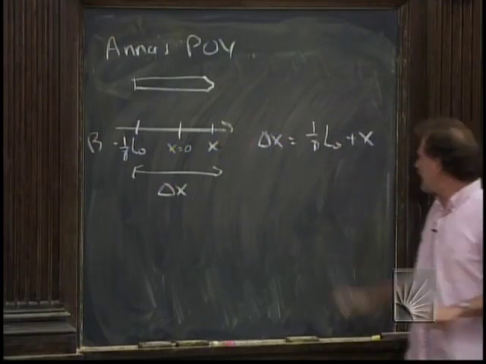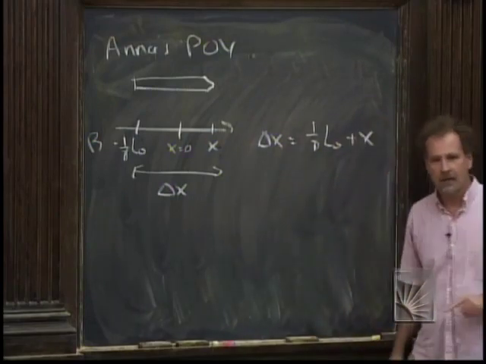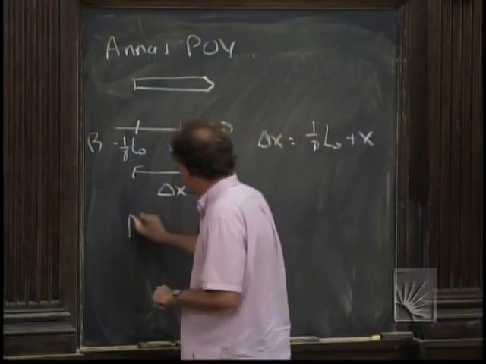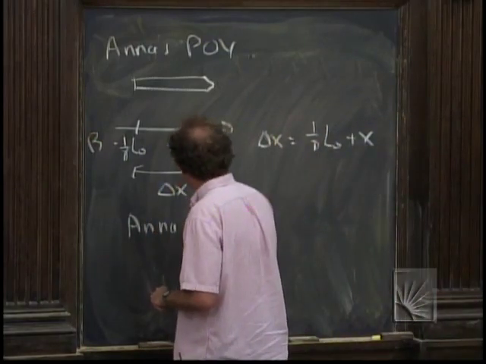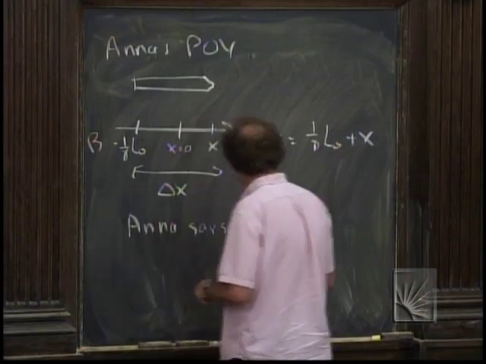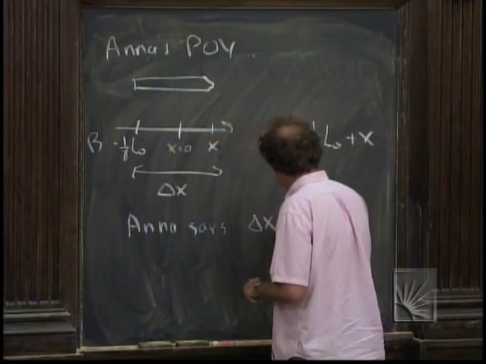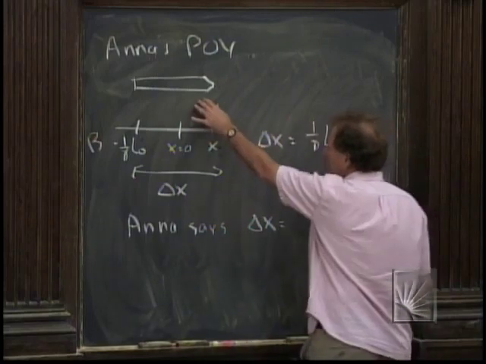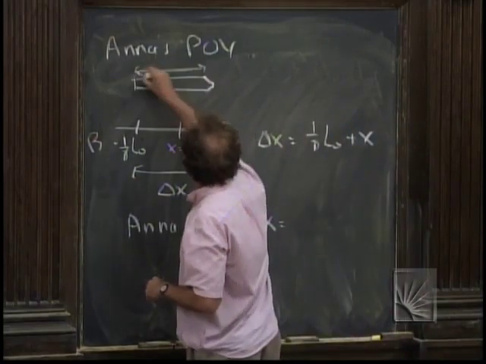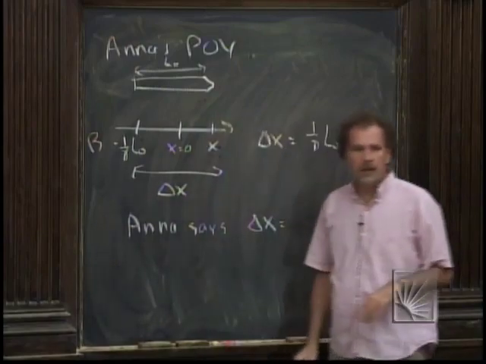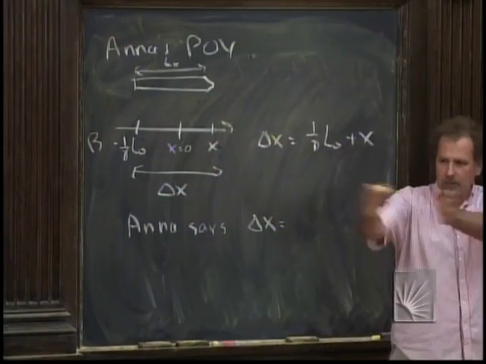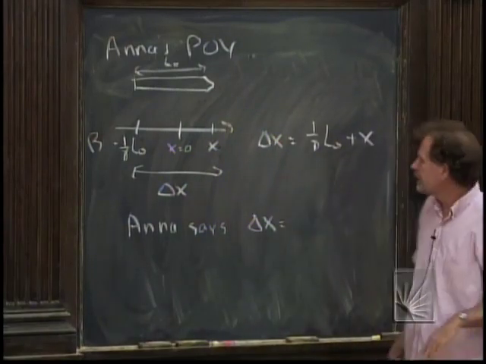What does Anna say about that delta x? Anna says that delta x does not line up with L0. Just like if you guys go flying by, I see you shortened.